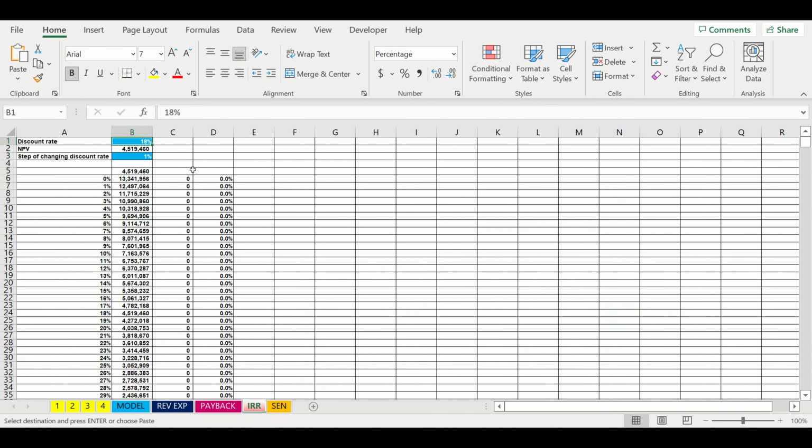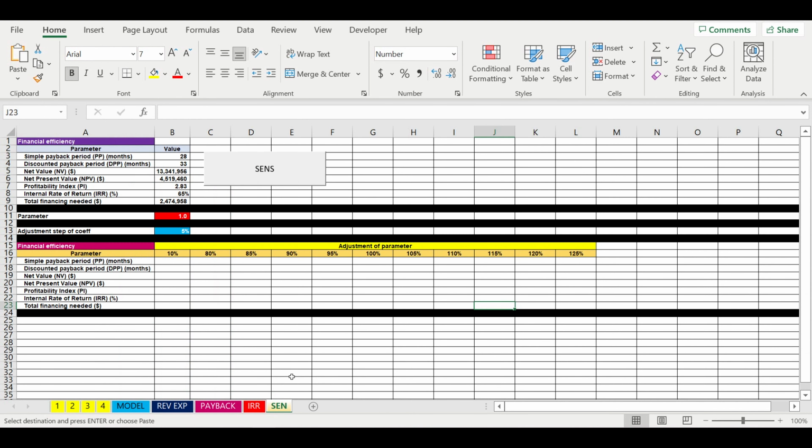Then we have a tab for internal rate of return calculation, where we set up the discount rate and a step of changing the discount rate to calculate the internal rate of return. Then we have a very important tab with sensitivity analysis.